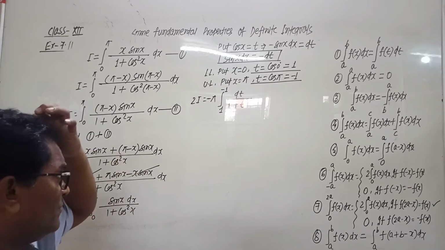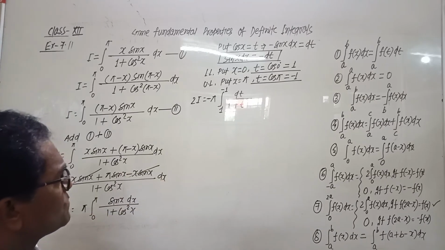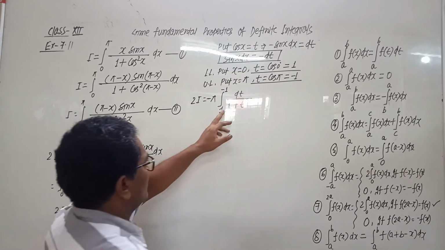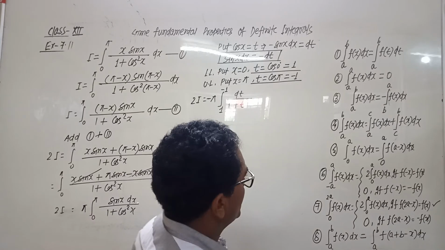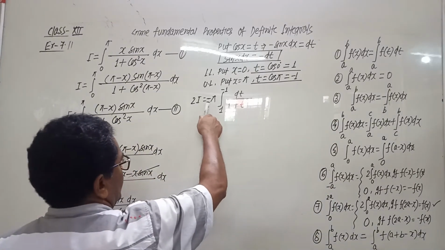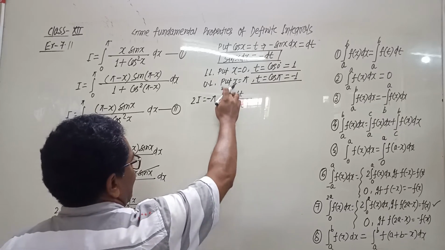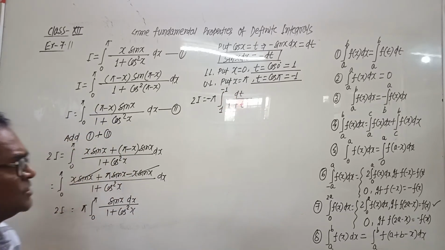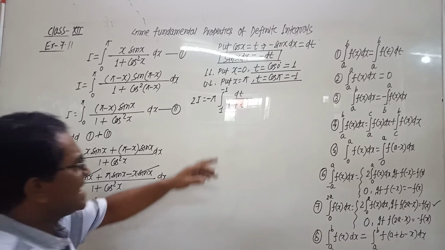But we can use the property. Firstly, we can use property number 3: when we interchange the limit, the sign gets changed.